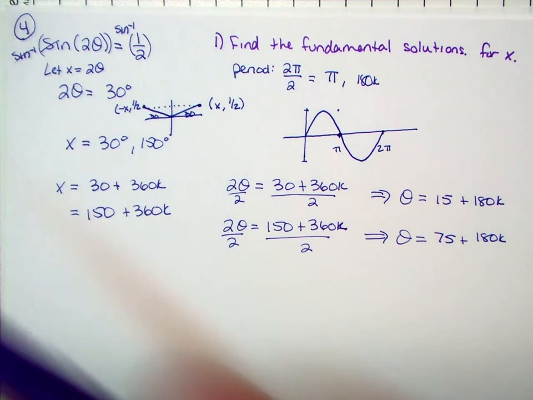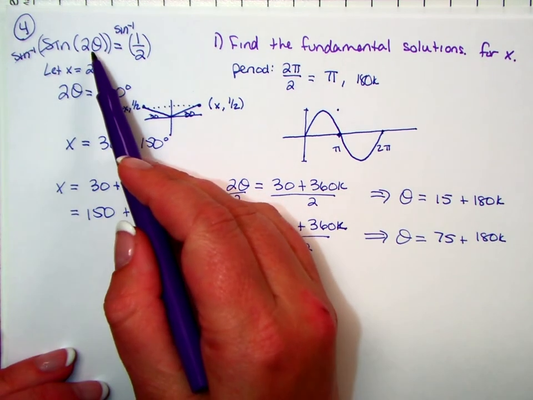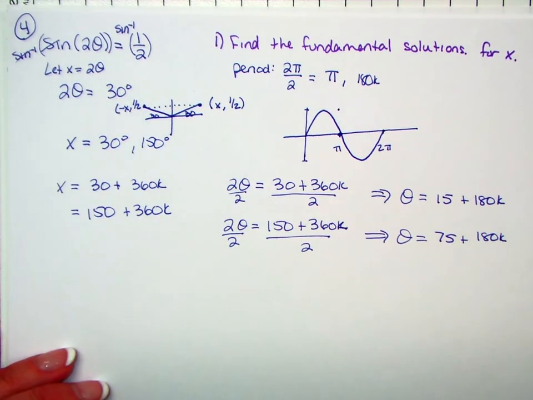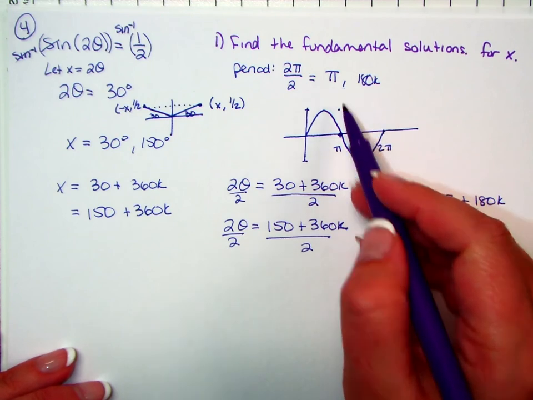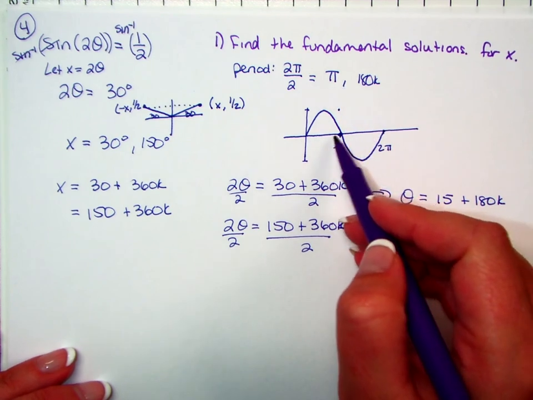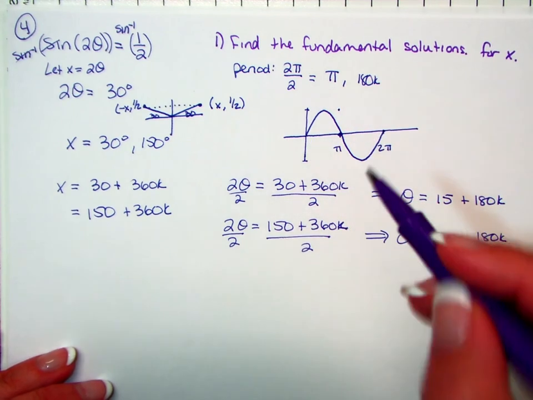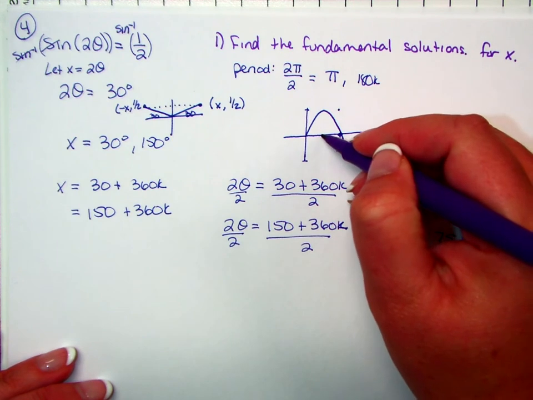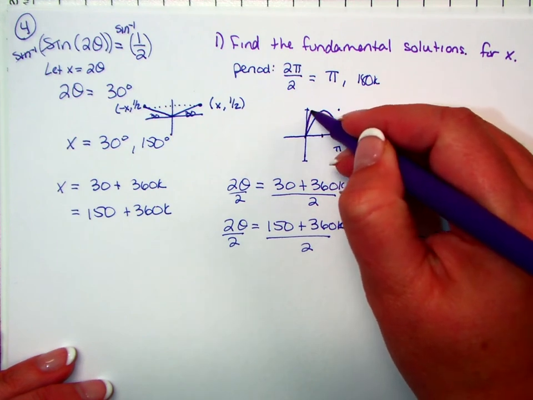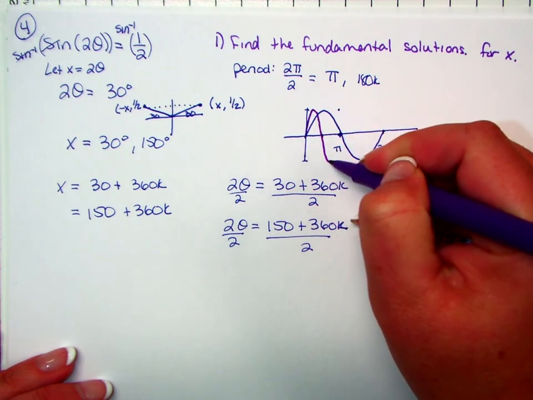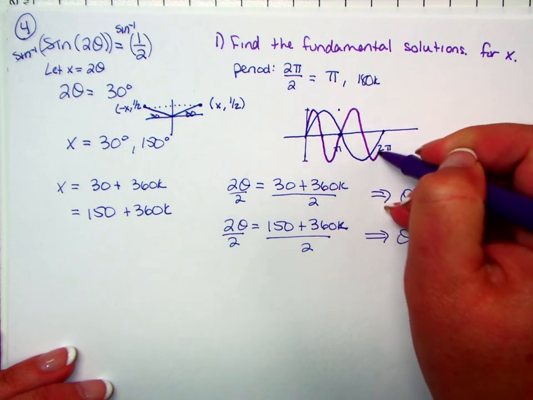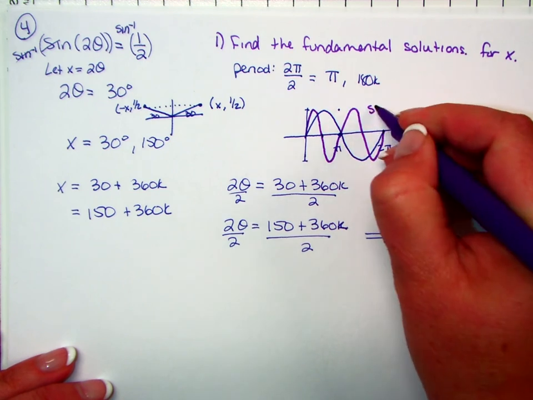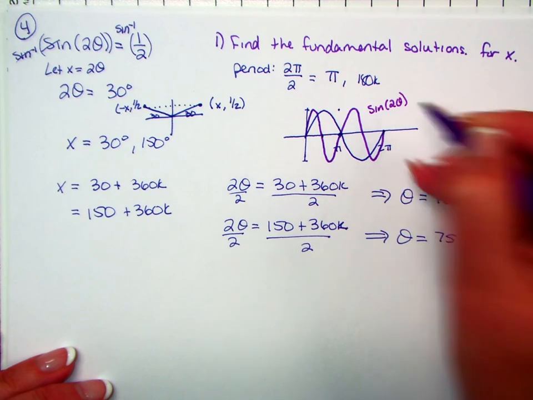So when we have sine of 2 theta, what happens is that the period is now pi. So a whole cycle of sine needs to fit here. Okay, so it's kind of halved. It's going to go up, come down, it's going to go up, come down like this, right? So this is sine 2 theta.